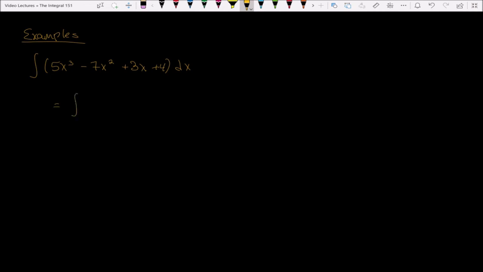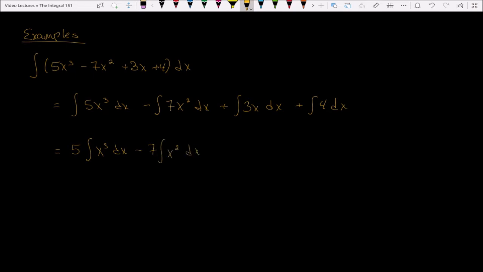Write this as the antiderivative of 5x cubed minus the antiderivative of 7x squared plus the antiderivative of 3x plus the antiderivative of 4. Then for the first three, we can use the constant multiple rule. 5 times the antiderivative of x cubed minus 7 times the antiderivative of x squared plus 3 times the antiderivative of x, then plus the antiderivative of 4.